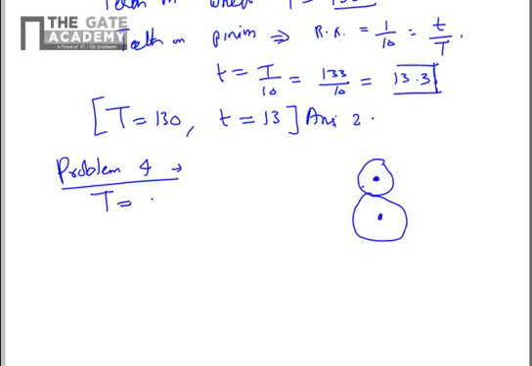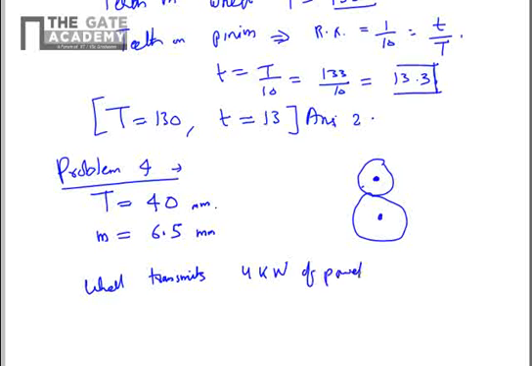The number of teeth on the wheel is given as 40, and the module is the same for both the pinion and the wheel, 6.5 mm, and it is told that the wheel transmits 4 kilowatt of power at 360 rpm.